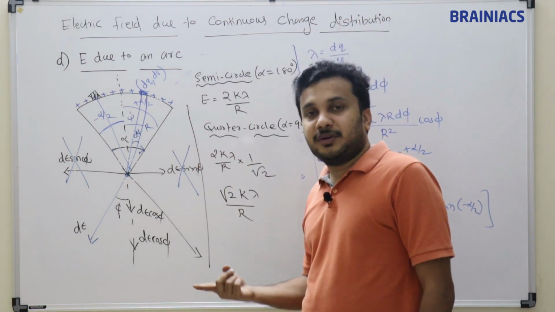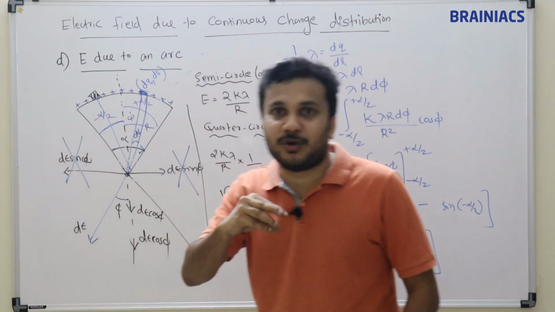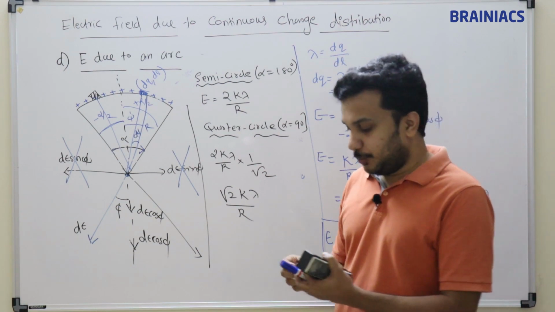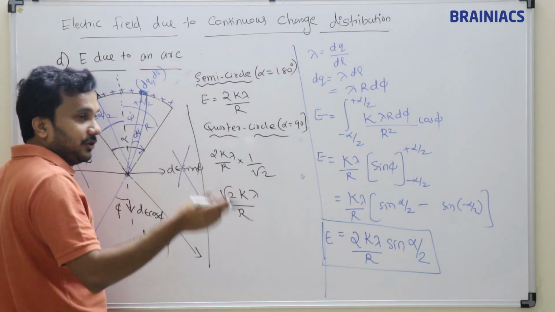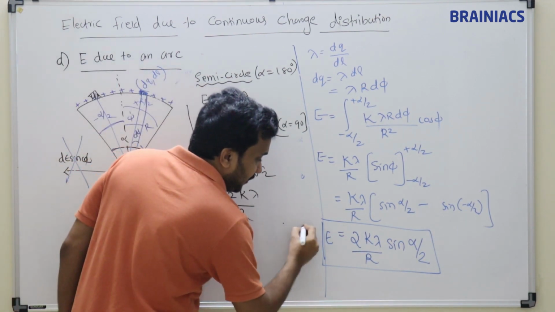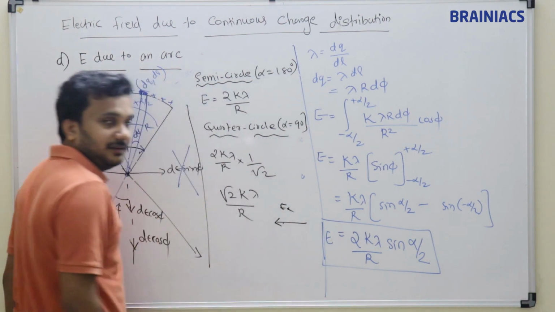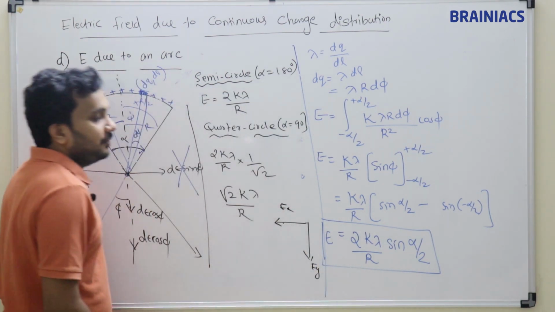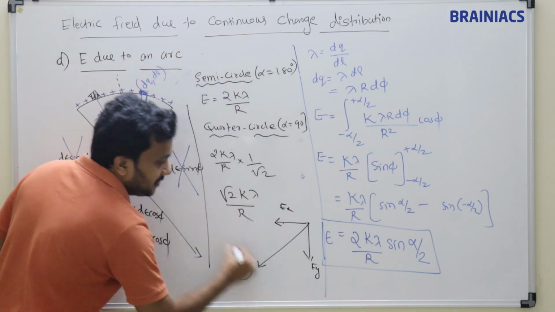Both will contribute and give an electric field that is not in the x direction, not in the y direction, but between the x and y directions. Hope you remember the last session. In the last session, we have seen the electric field due to a quarter circle produces one electric field like this, which is called Ex, and an electric field in this direction, Ey. We have Ex and Ey, and the total electric field we calculated in these directions.